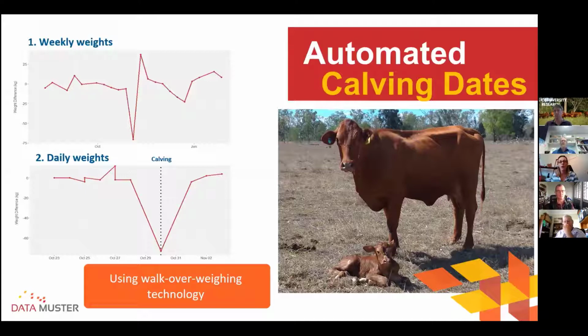First, the algorithm looks for the greatest negative difference between a cow's weekly weights to identify the most likely week of calving. It then analyses the individual weight data around that period of time for weight losses between 30 and 120 kilograms. The date that demonstrates the greatest weight loss within this range is allocated the calving date.